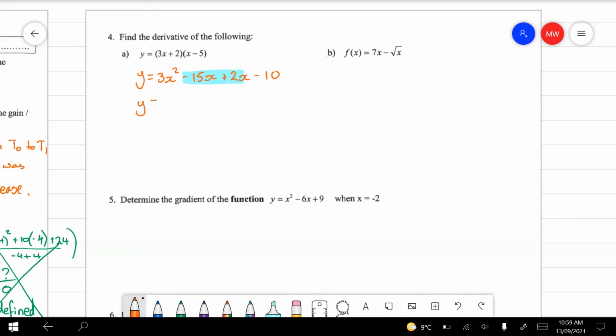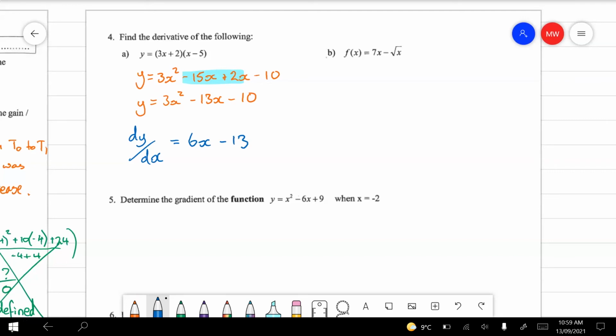Now we've got y equals 3x squared minus 13x minus 10. And now we're just after the derivative, so that's dy/dx. Same rule as question 3: 6x minus 13, and this one's done.